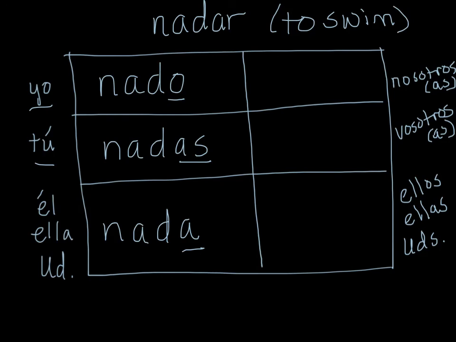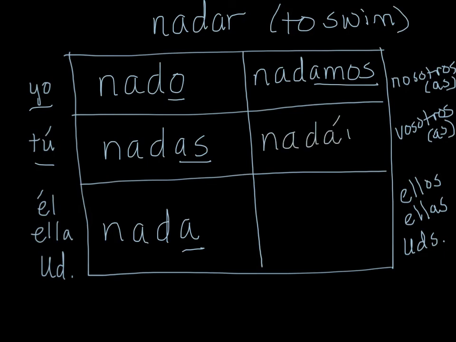Nosotros or nosotras if it's all girls, we nadamos. Vosotros or vosotras nadáis. And ellos, ellas, ellos is they, male, ellas, they, female, or ustedes, you, plural, for formal, nadan.